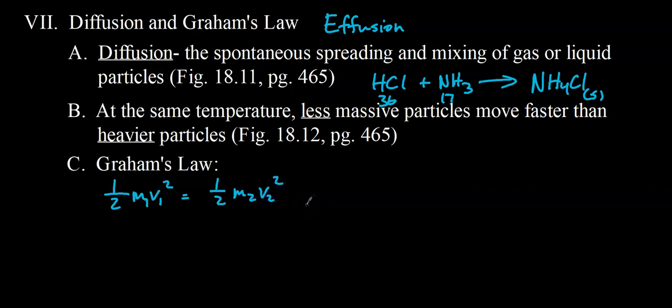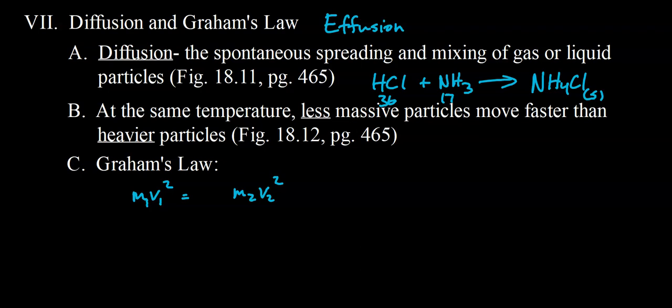So remember, kinetic energy is 1/2 mv squared. I have m1, the mass of one of the objects, v1, the velocity of that object, m2, the mass of the other object, and v2, the velocity of the other object. So let's simplify this a bit so we can get rid of the 1/2s. So we have m1 v1 squared equals m2 v2 squared.